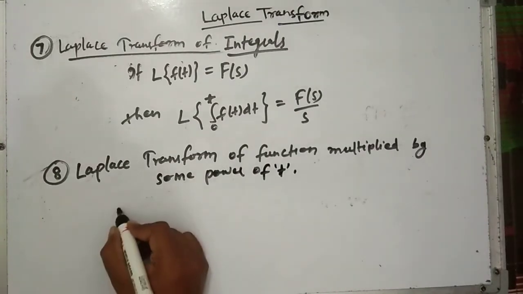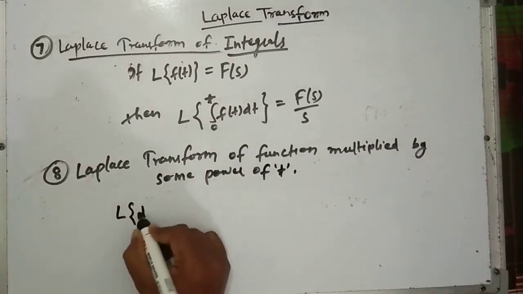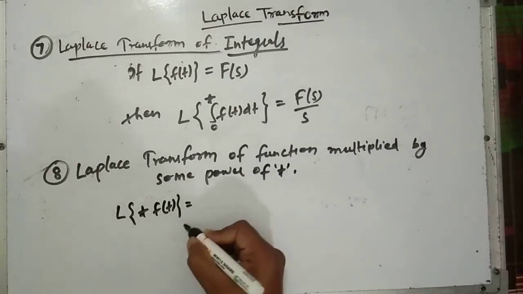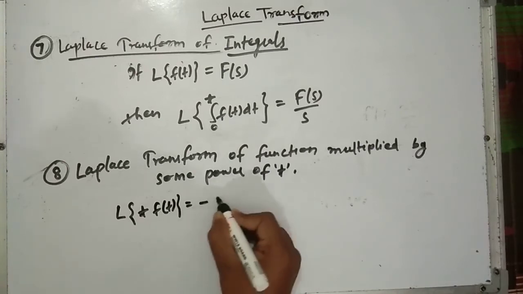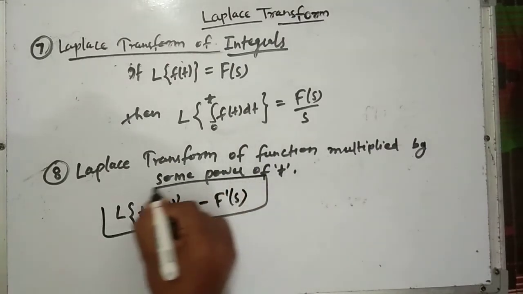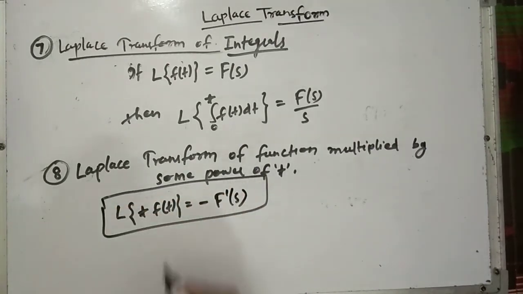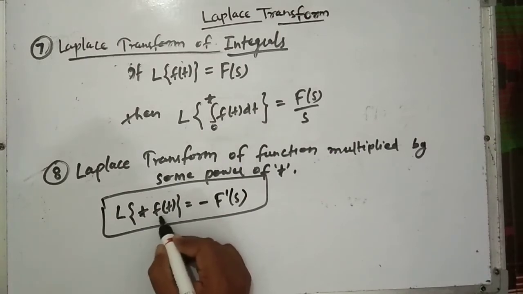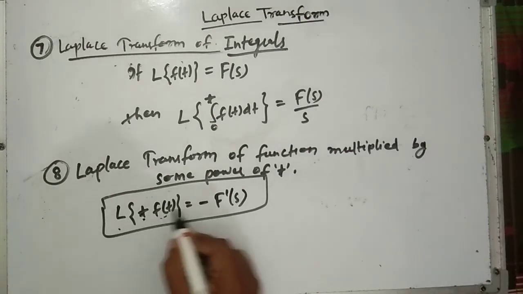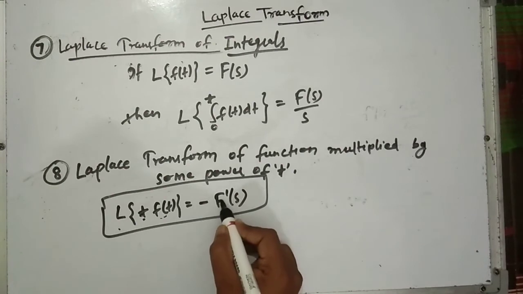The Laplace transform of t f(t) is minus F dash s. The Laplace transform of f(t) is F(s). If we multiply this f(t) by t, then the Laplace transform of the whole is given by minus F dash s.